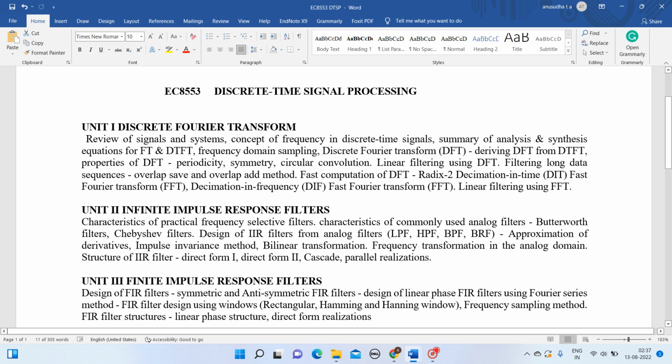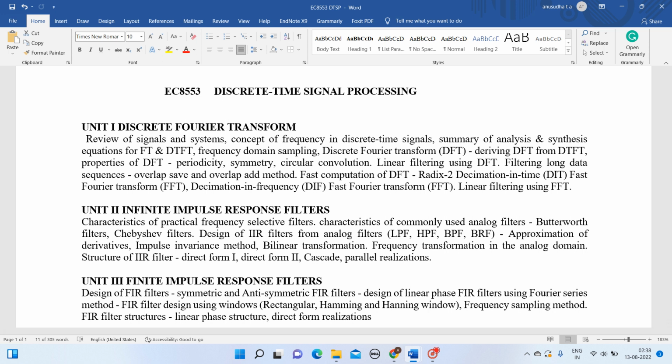Review of signals and systems, concept of frequency in discrete time signals, summary of analysis and synthesis equation for Fourier transform and discrete time Fourier transform. These things you have studied in your signals and systems.